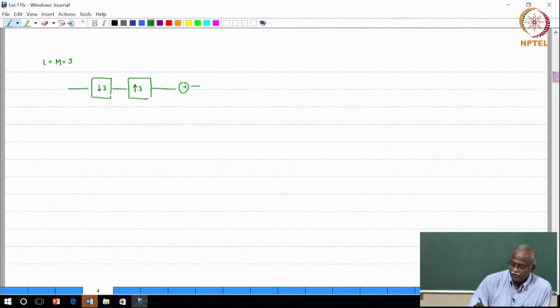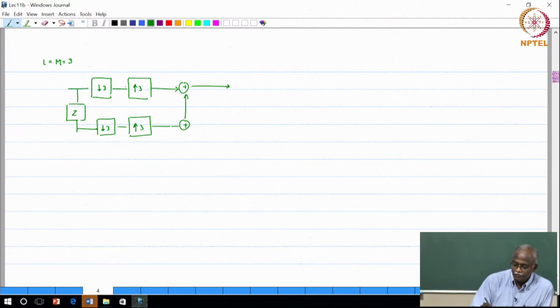Now, in the second branch, I am going to introduce an advance operator, downsample by a factor of 3, upsample by a factor of 3, and this will get added to the other signal. Please note the direction of the arrows, very important.